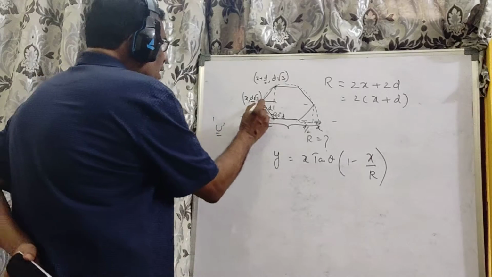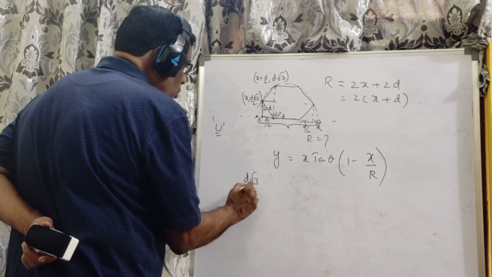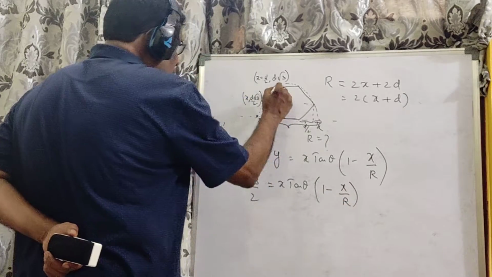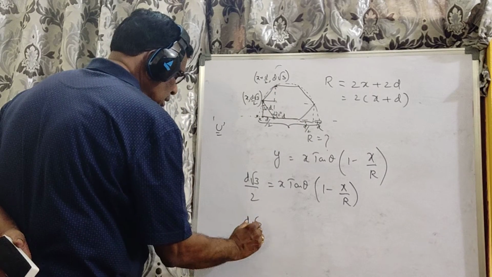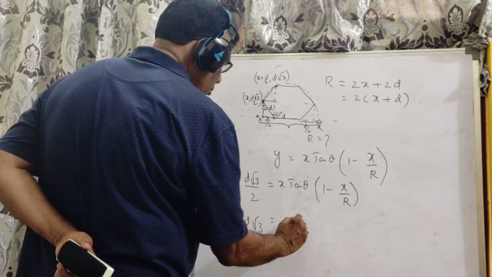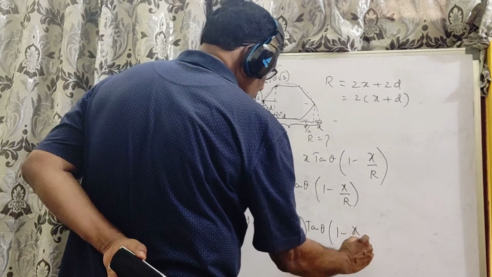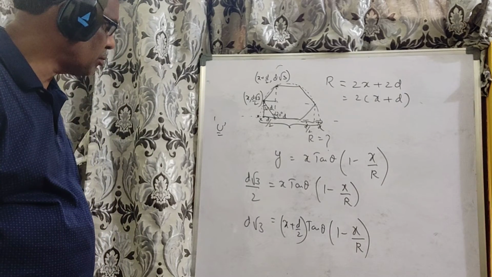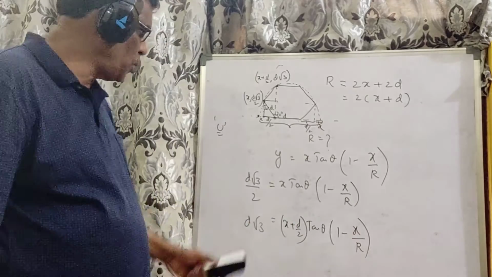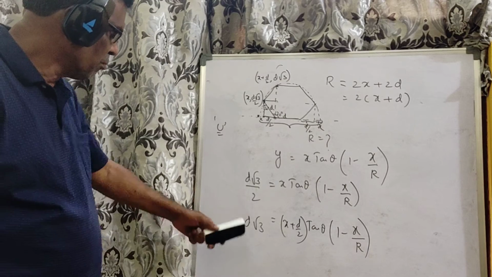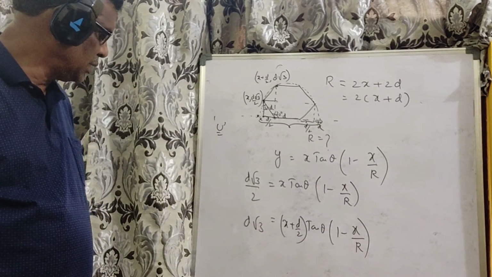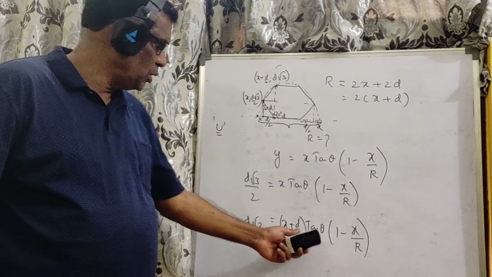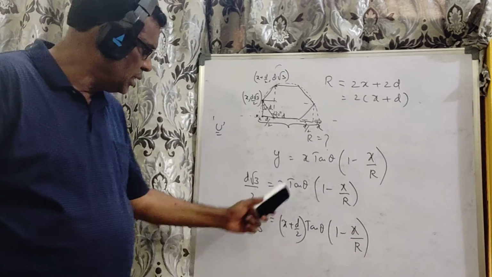Now, what is y in this case? x, of course, is x. y is D root 3 by 2, so D root 3 by 2 is equal to x tan theta into 1 minus x by r, and D root 3 is equal to x plus D by 2, tan theta into 1 minus x by r. Now it is a question of jugglery to get x.